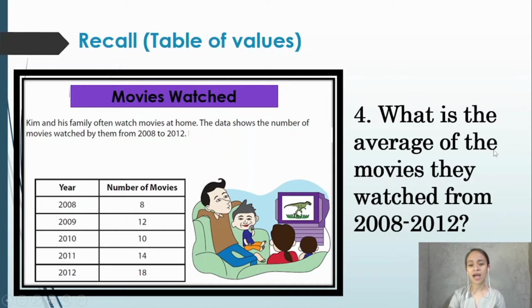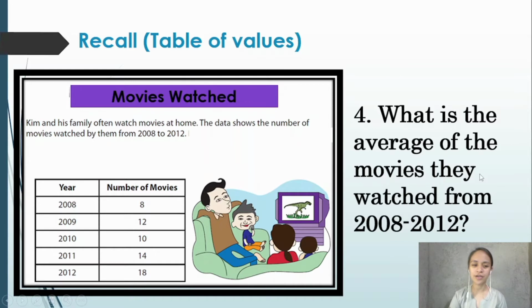How do we get the average of the movies they watch? With a card, we add the grades in English, Filipino, and so on until MAPEH. Then we divide by how many subjects, for example, 8.